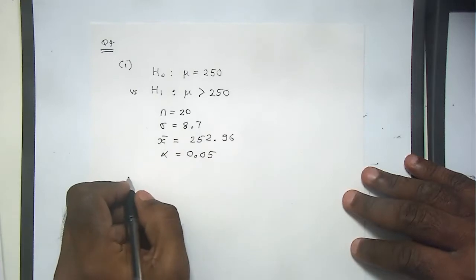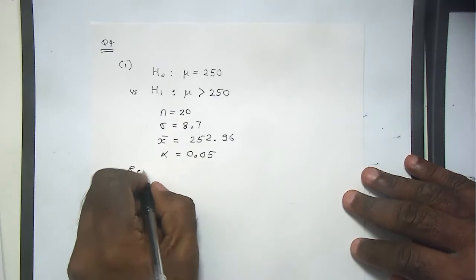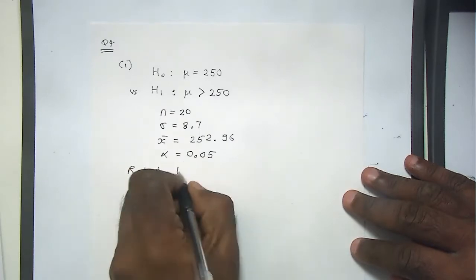Part 1 is to find the rejection rule. So we reject H0 if.